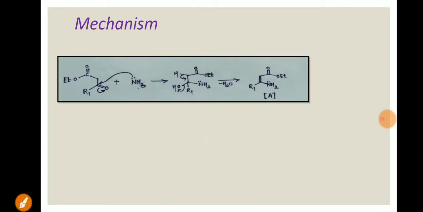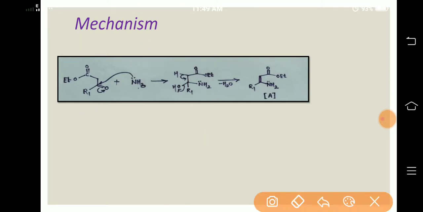Hence, attack of this lone pair of electron of nitrogen at the carbonyl carbon leads to the formation of this molecule, which involves internal proton transfer from this nitrogen towards this ketone oxygen, leads to the formation of this hydroxy group.